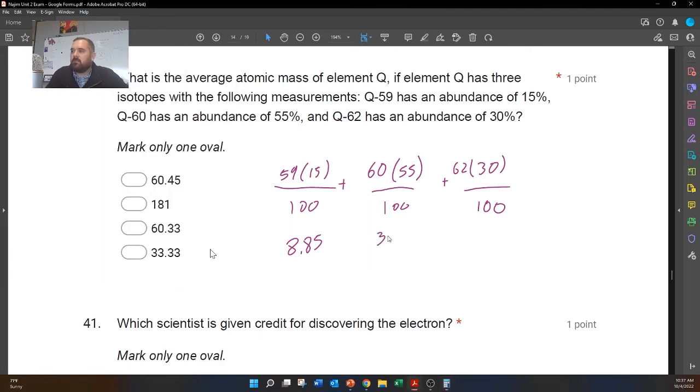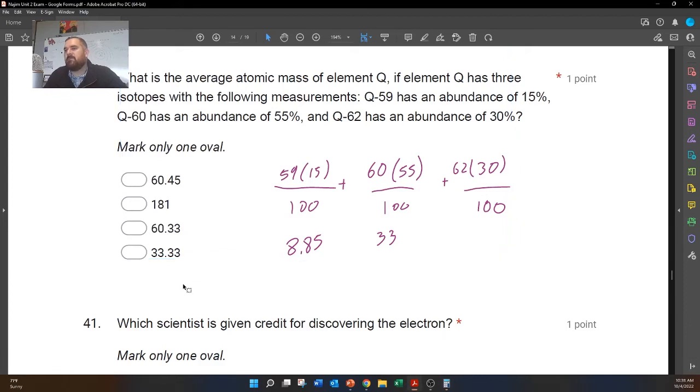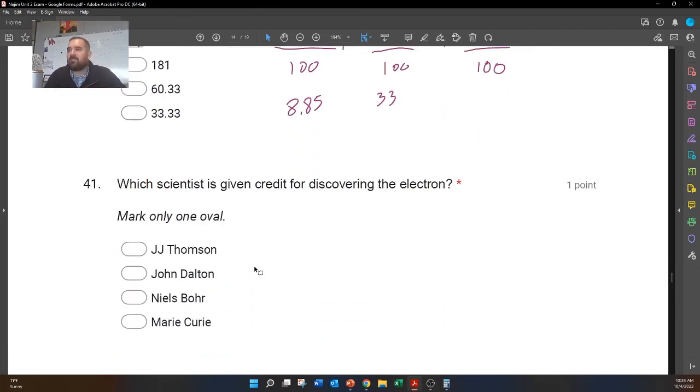And then 33. And then we're just going to add these together. So plus 33 plus 8.85, which gives us 60.45, and that's going to be this one right here. If you don't know these calculations, make sure to spend a little bit of time on them.